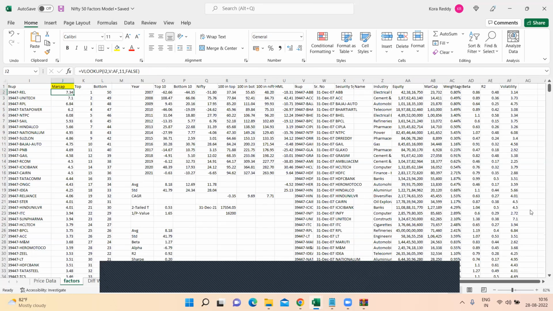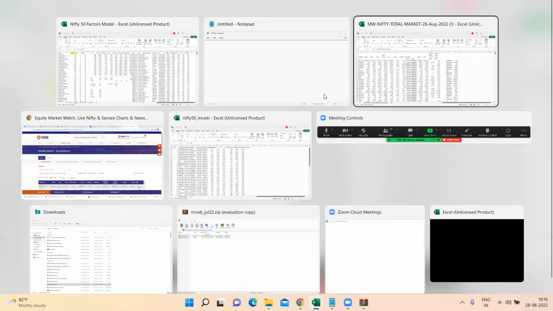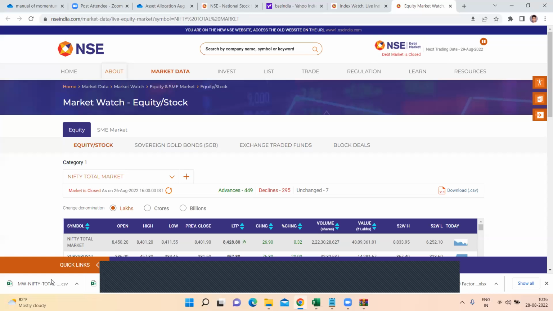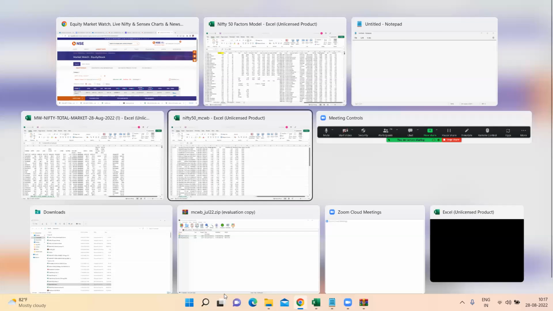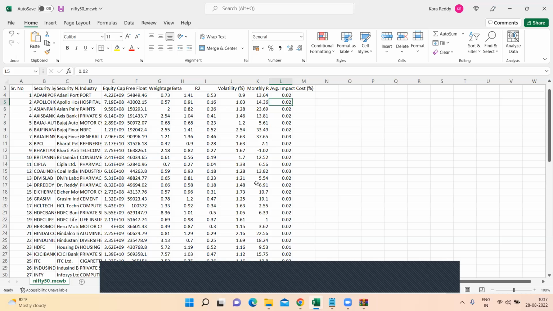Now what I've done is I've taken this particular file at each year end. So I'm considering December as year end. I operate in US financial year, which is Jan to Jan or Jan to December.